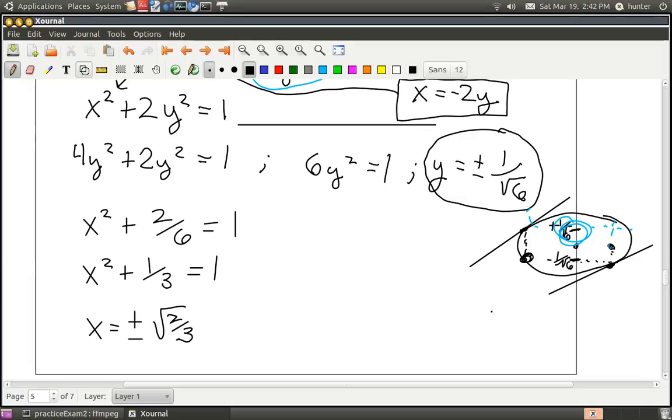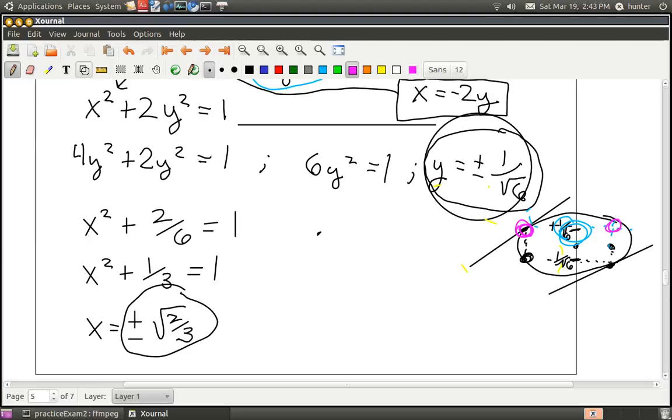Okay, and now we just have to be a little bit sane about which ones we pick. So we have x is plus or minus the square root of 2/3, and y is plus or minus the square root of 1 over 6. If we look at the picture here, you can see that there are 4 different ways to combine those. This is going to be the positive y and the negative x.